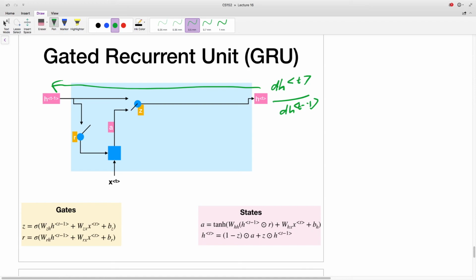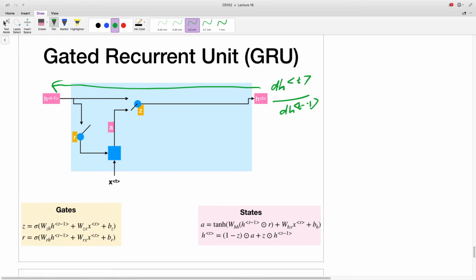It's actually the sum of all the paths, but with respect to that green path, what's the derivative? It's Z. Z can be 1, which means there is a mechanism now for pushing back the gradient. The rest of the machinery is simpler. We can have a larger batch size.